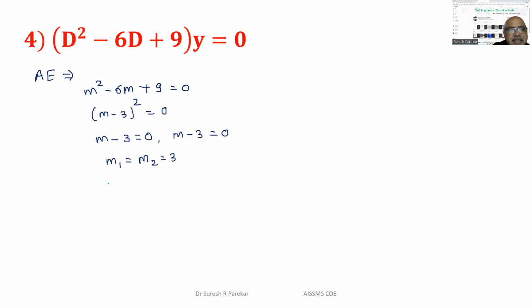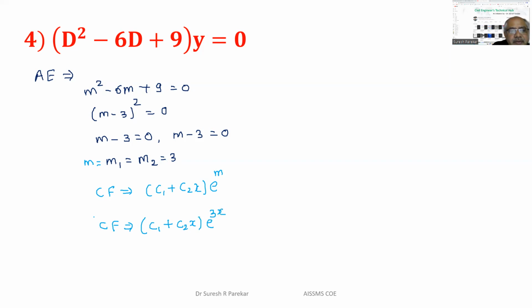In that case 2, we have the complementary function (C1 plus C2 x) e to the power m, and this m1 equal to m2 equal to 3 is denoted by m. And therefore we will get the complementary function for this, that is (C1 plus C2 x) e to the power 3x.